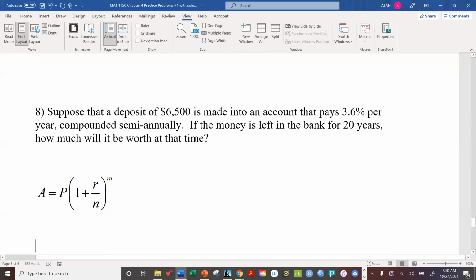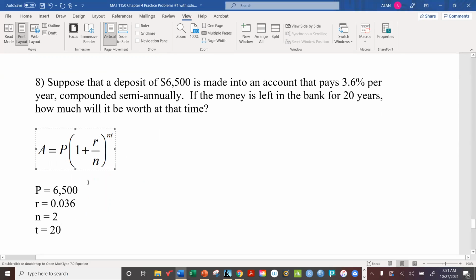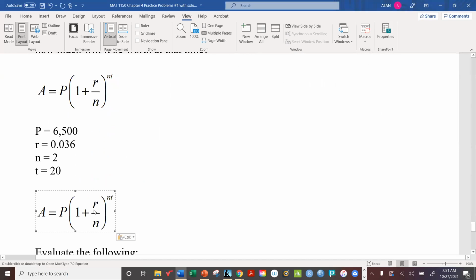So we were told that the deposit is 6,500, so that's P. The account is 3.6%. Compounding frequency is 2. T is 20 for 20 years. Okay, so how much will we have in 20 years if we put $6,500 in the bank and the interest is 3.6% per year, but it is compounded twice a year or semi-annually? All right, so let's plug it in and let's see what happens.